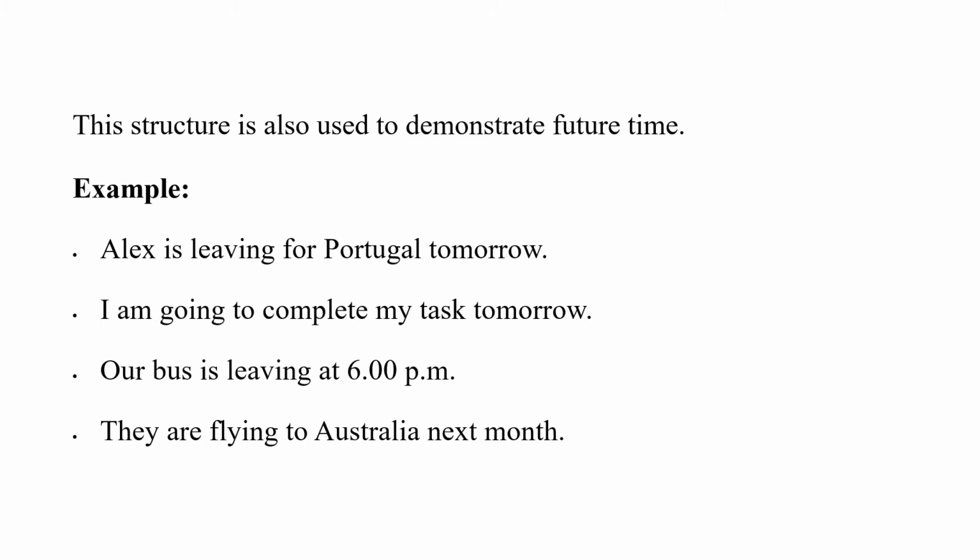The tense used here is present progressive, but it is indicating a future time. I am going to complete my task tomorrow. Our bus is leaving at 6 p.m. They are flying to Australia next month.